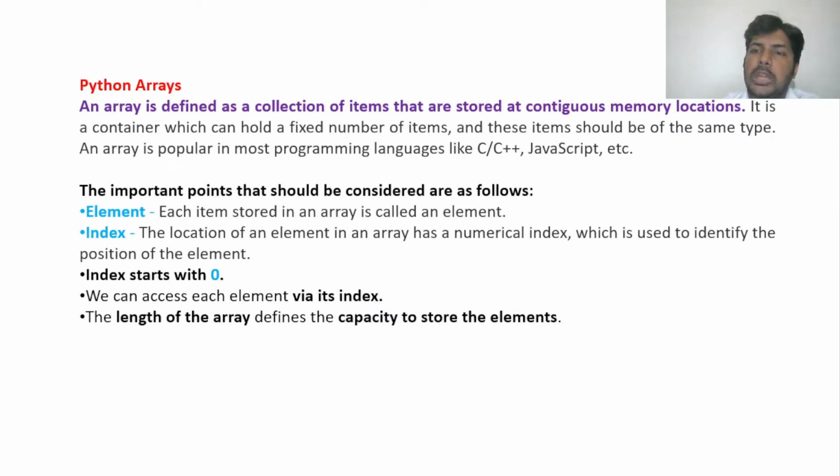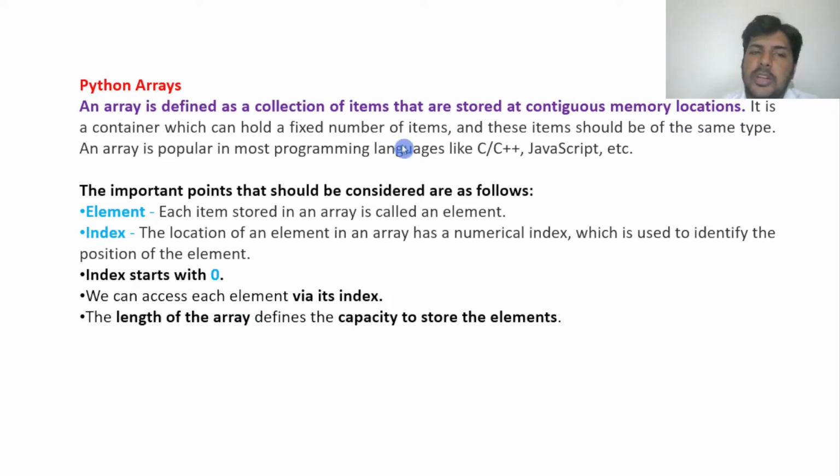But if you want to access each element individually, then we require an index. We don't have any other alternative to access individual elements. Next, the length of an array defines its capacity to store elements. If an array contains 10, then automatically it can store 10 elements.